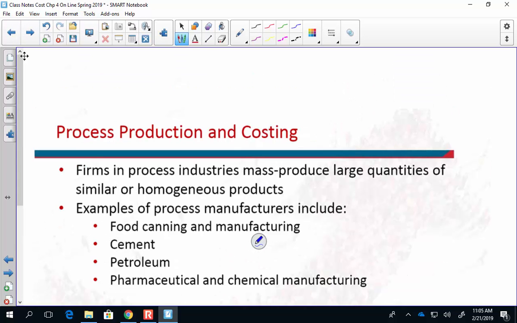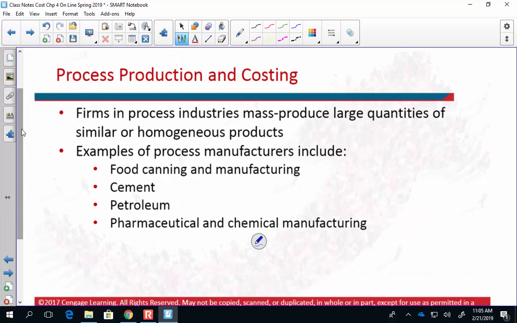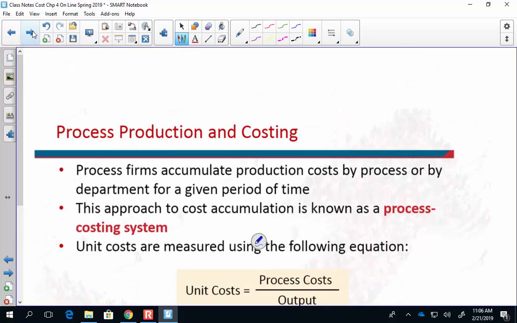Also look at who may use the process costing system. Here are some examples of industries or companies that would use it: food canning, cement production, petroleum, and so forth. Homogeneous means the same product, again, lots of times. So that's who would use that process.